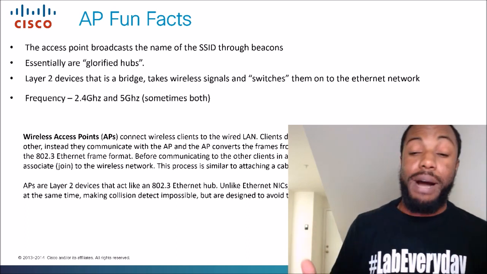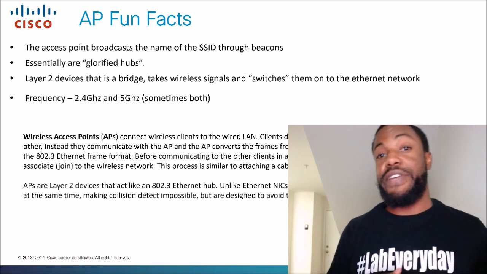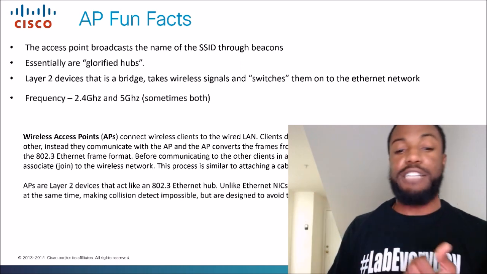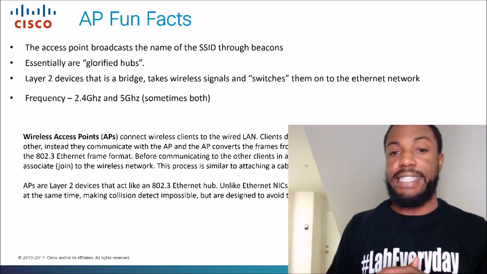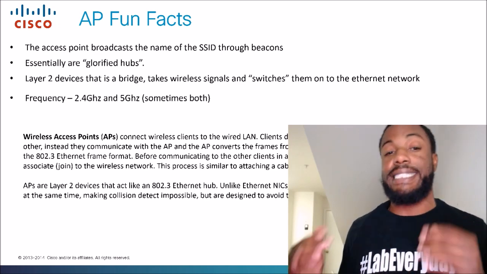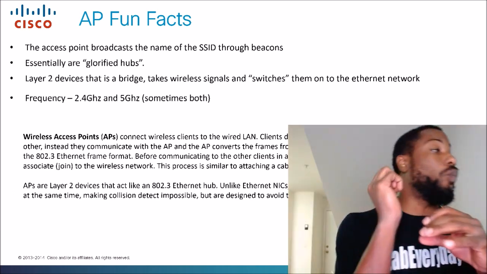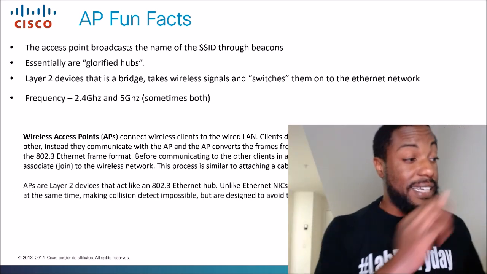Hopefully you guys know about the OSI model. Maybe I'll do some more basic videos on the OSI model, but a layer 2 device basically means it learns about MAC addresses and VLANs and things like that. So it's a layer 2 device that acts as a bridge. It's a bridge between the wireless signals and the wired signals. Remember, behind everything that's wireless is a wire.